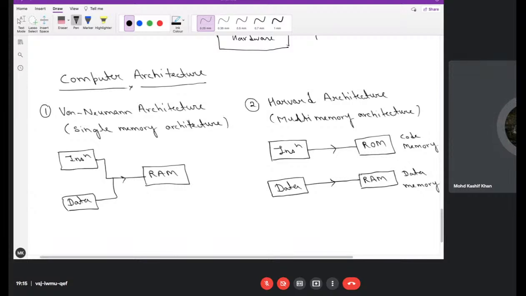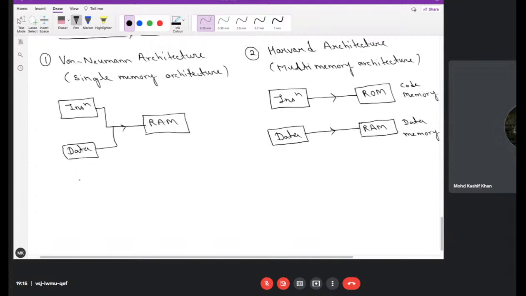This architecture is used in a personal computer.